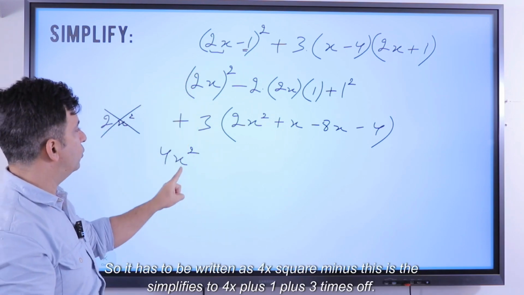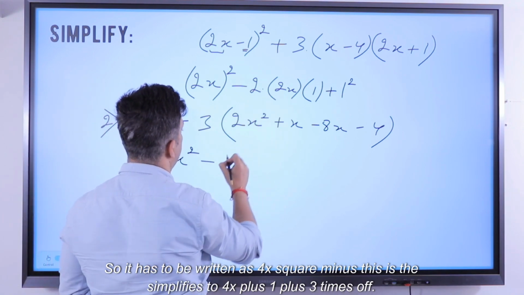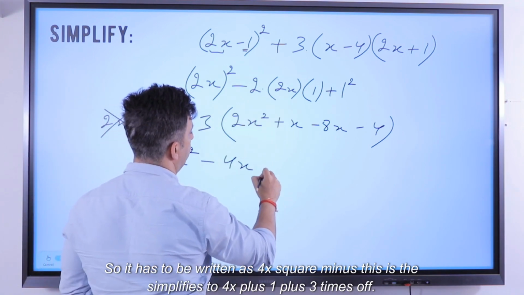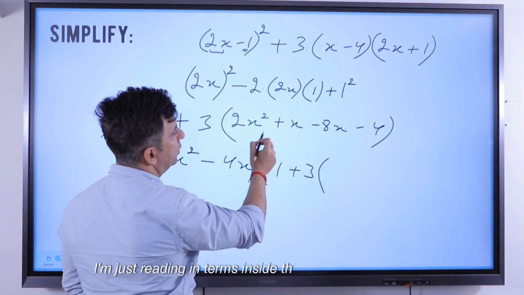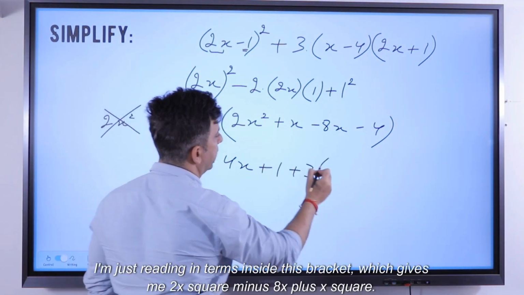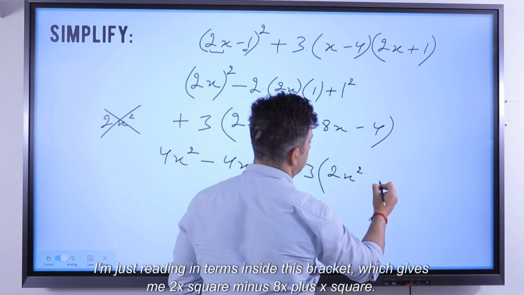So it has to be written as 4x square minus, this simplifies to 4x plus 1 plus 3 times, rearranging terms inside this bracket, 2x square minus 8x plus x.